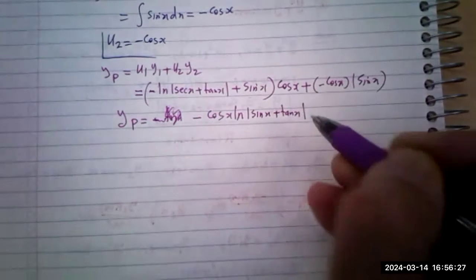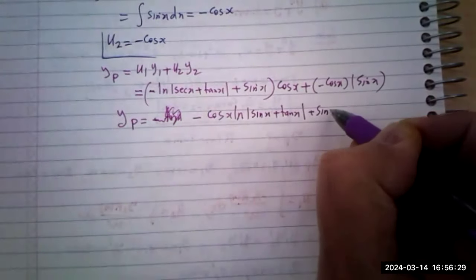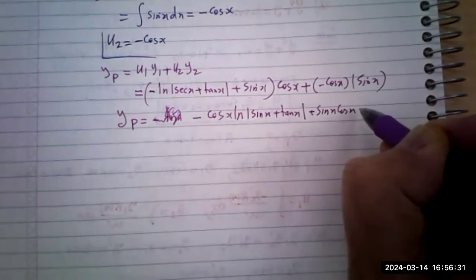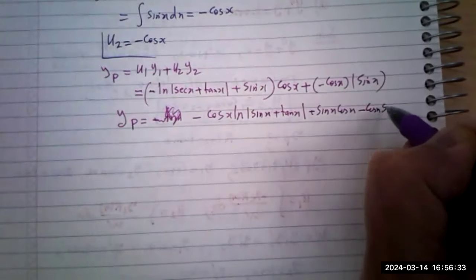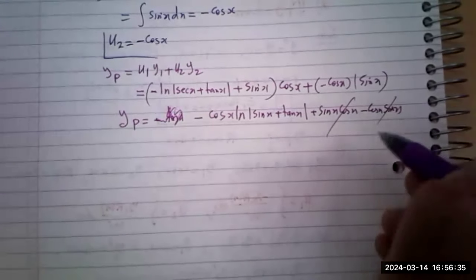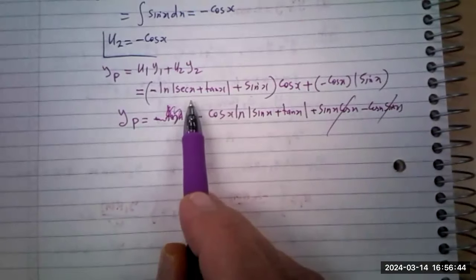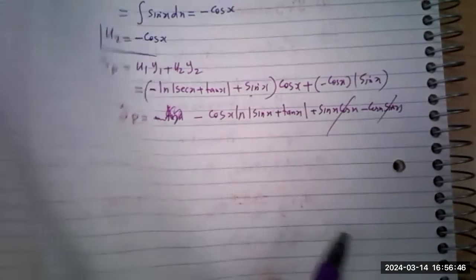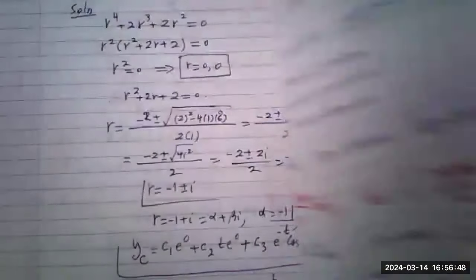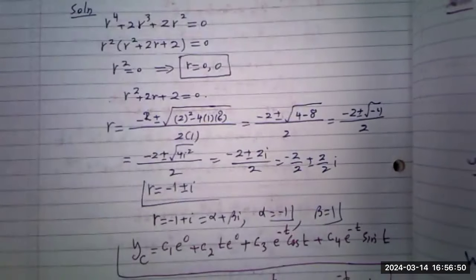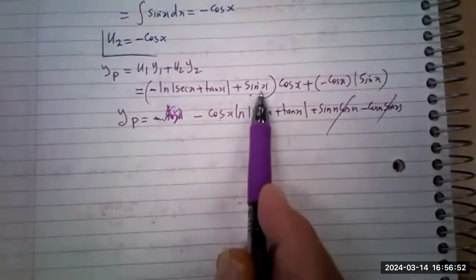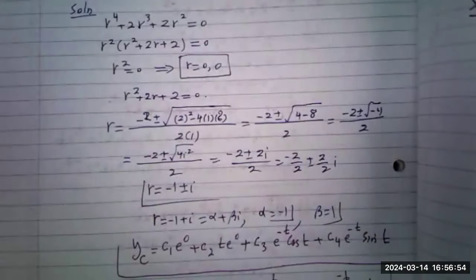You see this one? You have the sine cosine minus cosine sine, so this will simplify. Shouldn't it be secant x plus tan x? On your YP line you have sine x. On the next line you wrote ln sine x plus tangent x. Let me see. What's the Y1?